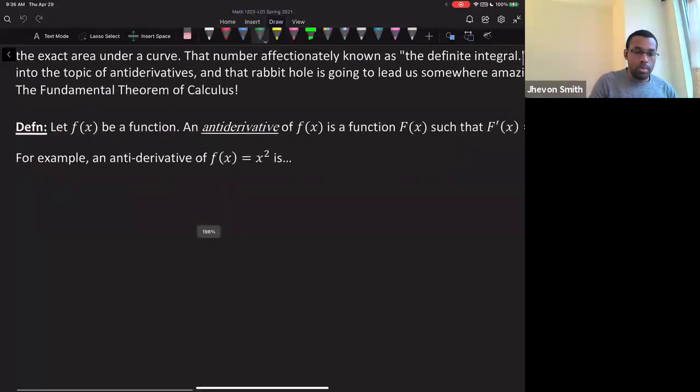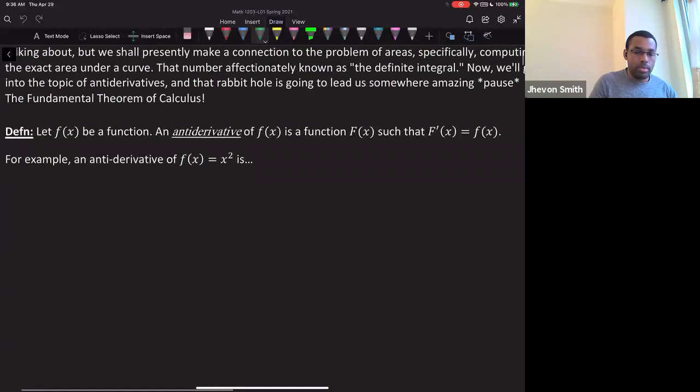So this is the definition of an antiderivative. It's kind of like you're trying to find the reverse of a derivative. You want to see a function as what you would have gotten if you took some other function and took its derivative, and now you want to find that other function.